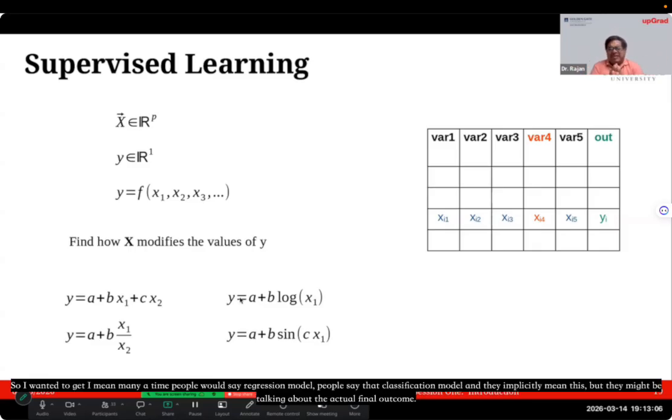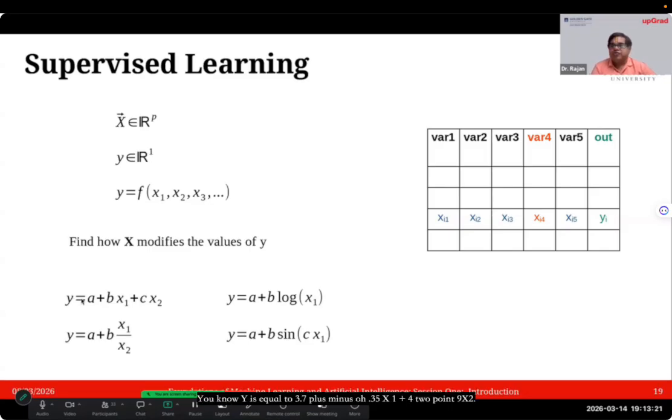Many a time people would say regression model, or classification model, and they implicitly mean this, but they might be talking about the actual final outcome, Y is equal to 3.7 minus 0.35 x1 plus 42.9 x2. That is the learned or finalized model.